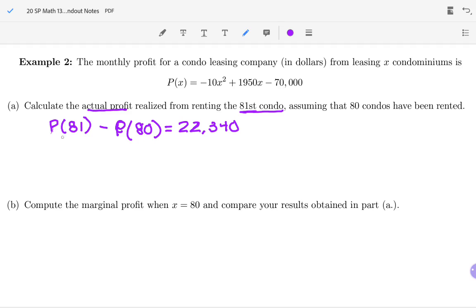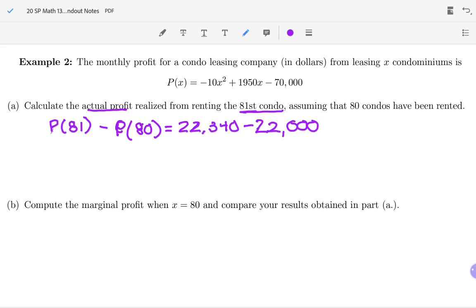So this P is measuring the total profit. $22,340 is your total profit for 81. Minus, what's the total profit for 80? So we're going to plug into this formula again, negative 10 times in parentheses 80 squared plus 1950 in parentheses 80 minus 70,000. And their total profit for just 80 condos is 22,000 even.